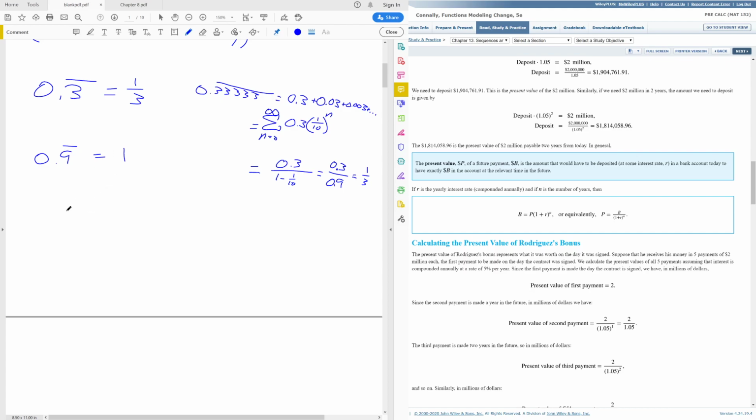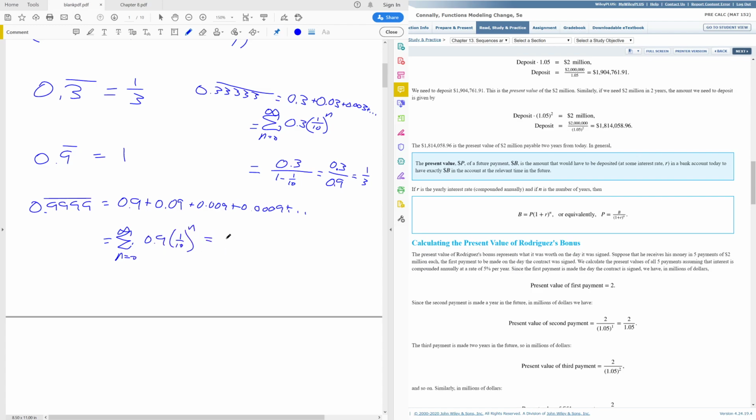So if I do the same idea with this, I get 0.9 plus 0.09 plus 0.009, and so on. So that's the sum from 0 to infinity of 0.9 times 1/10 raised to the n.